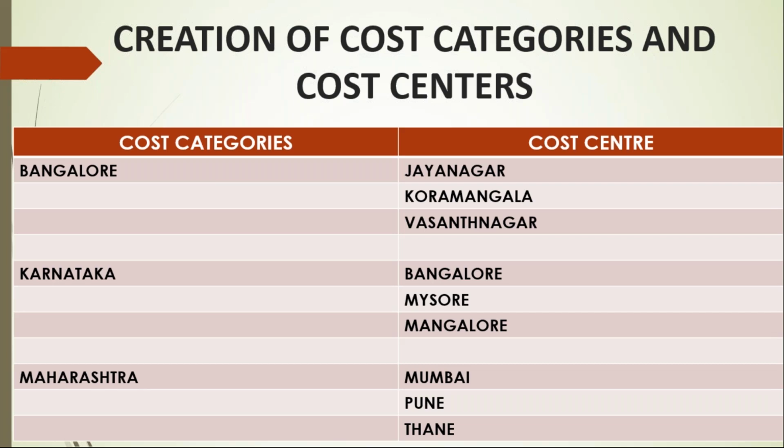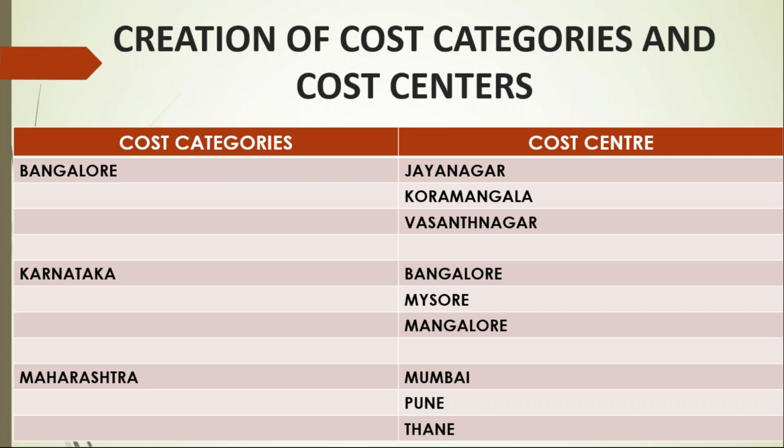Yes, so when you look at the table, we have the cost center and the cost category creation, right? Now, if we take Bangalore as the cost category, the cost centers can be Koramangala, Vasant Nagar. If I take Karnataka as the cost category, cost centers can be Mangalore, Bangalore, and Mysore.